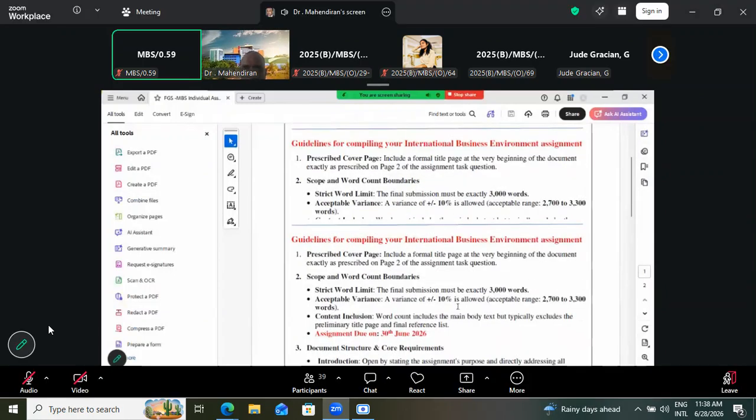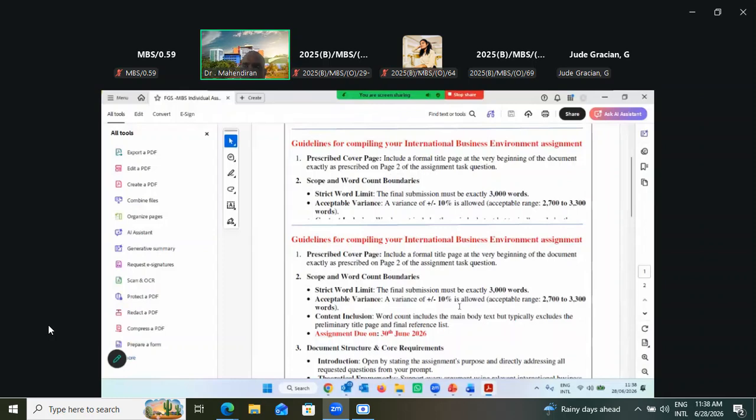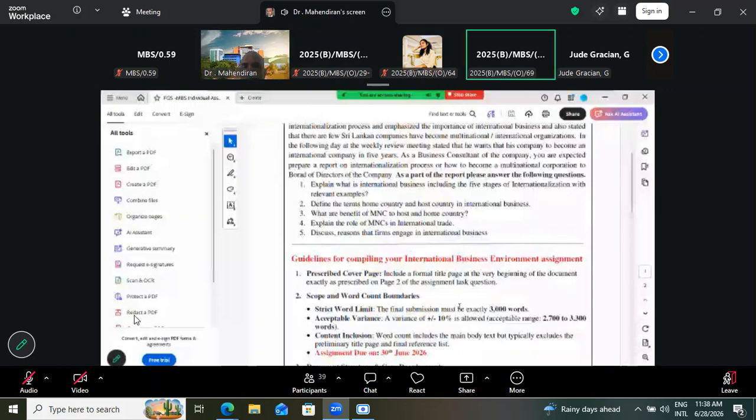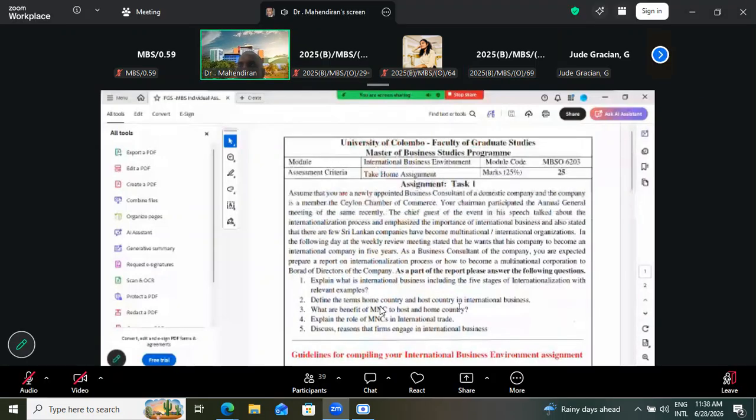So now I have put here the guidelines for compiling your report. Can you see that document on your screen? Yes, sir. University of Colombo, Faculty of Graduate Studies, Master of Business Administration program, that PDF study document.